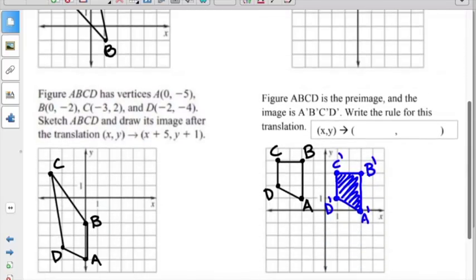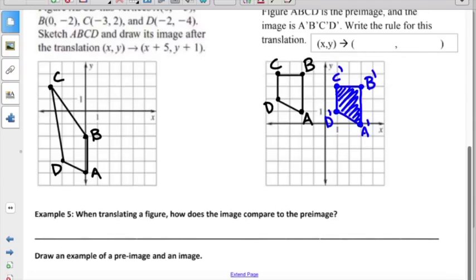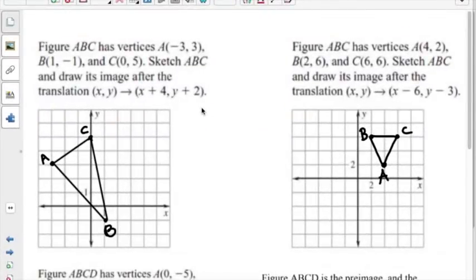Okay, we're going to begin. Figure ABC has vertices A, negative 3, 3, B, 1, negative 1, and C, 0, 5. We're going to sketch ABC, and already done hopefully, and we're going to draw the image after the translation, x plus 4, y plus 2. So we're going to start with just one point, and we're going to transform the x term, positive 4.